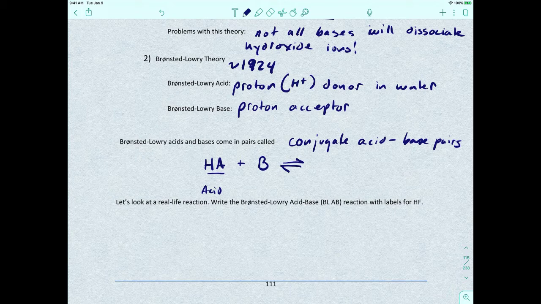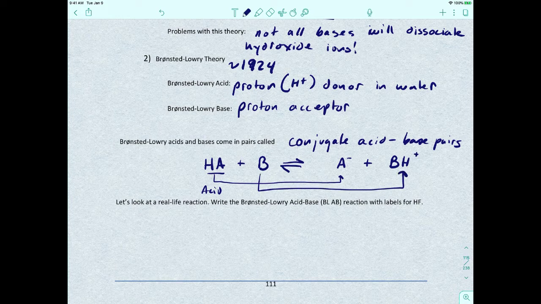So this acid is going to spin off, give up that hydrogen, and it'll become A minus. Now that also means that if HA has given off that hydrogen, B has to pick up that hydrogen. So then we form BH.